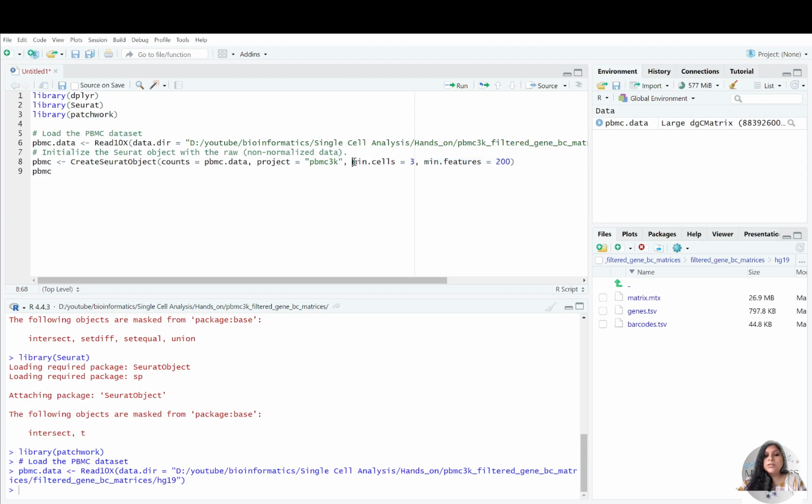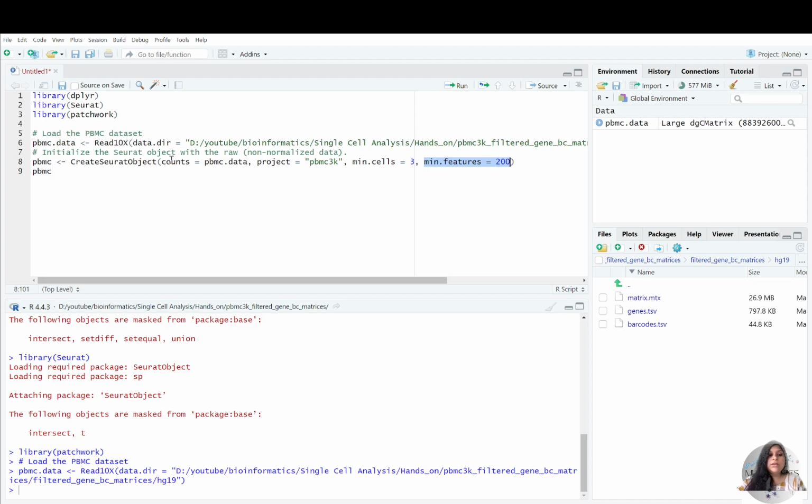Again, if I repeat, this one is those genes that have been expressed in a minimum of 3 different cells, and these are those cells that are expressing a minimum of 200 different genes. Only those points will be taken.